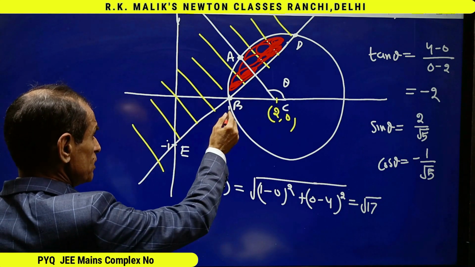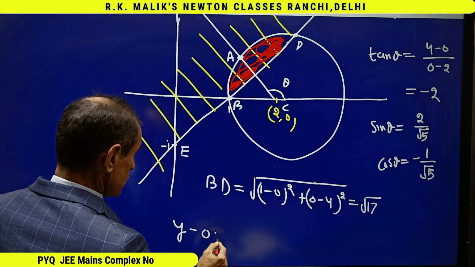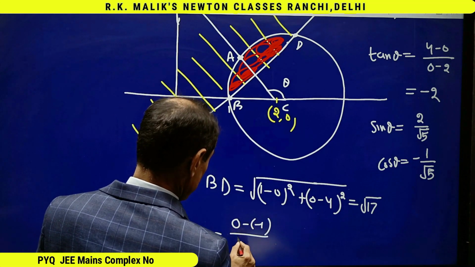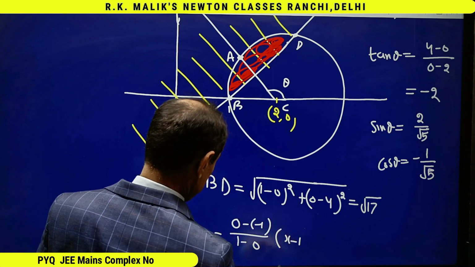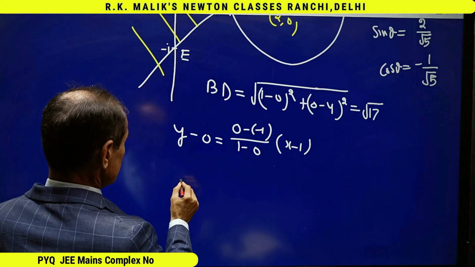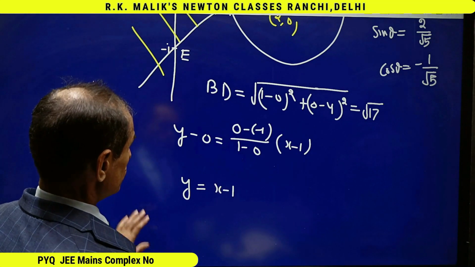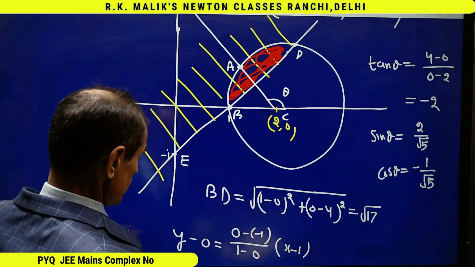The equation of the line BE using the point B is y minus 0 equal to 0 minus minus 1 upon 1 minus 0 into x minus 1. That is, I get y equal to x minus 1.